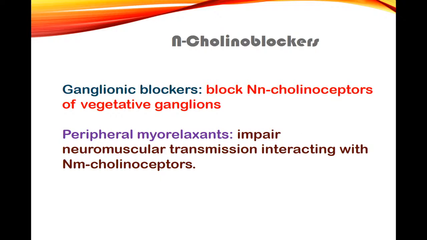The agents acting at N-muscular receptors in neuromuscular synapses cause inhibition of contractions of the skeletal muscles. That's why they are called peripheral myorelaxants.